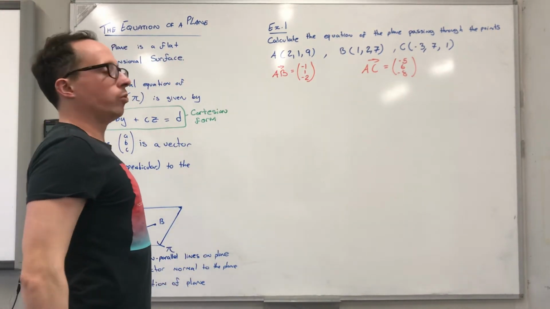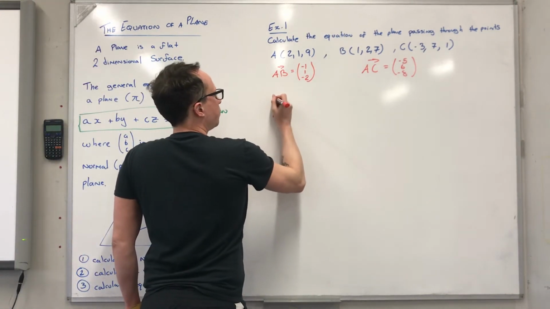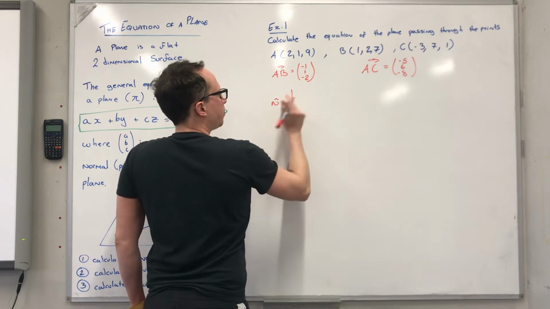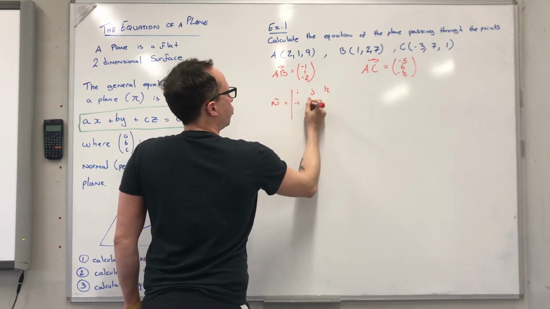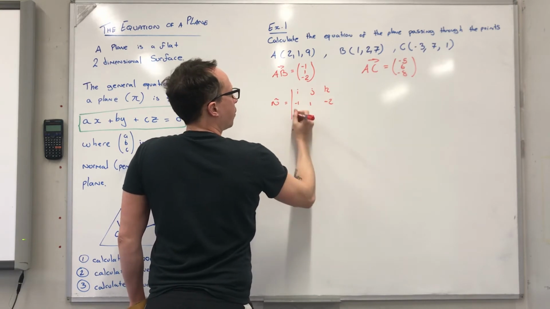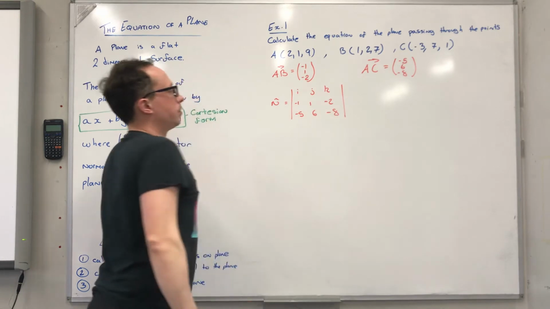What I now need to do is calculate the normal. And I'm going to be able to do that by using the cross product of the two vectors we've just found. Okay?